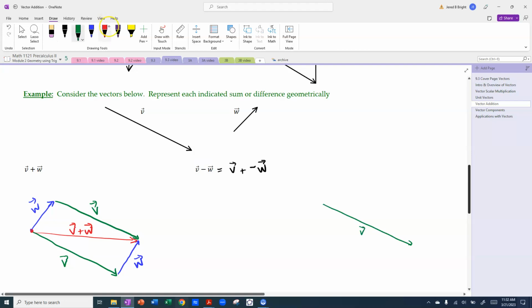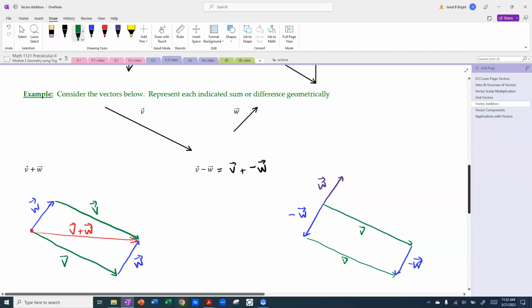Now w would normally be here, over here, but I'm working with negative w. Negative w is going to be the same length, just in the opposite direction. So here's w, here's minus w, and I'm going to put that at the other side too and complete my parallelogram.